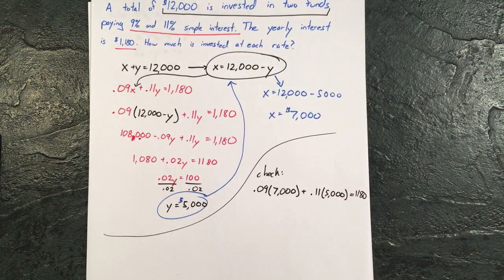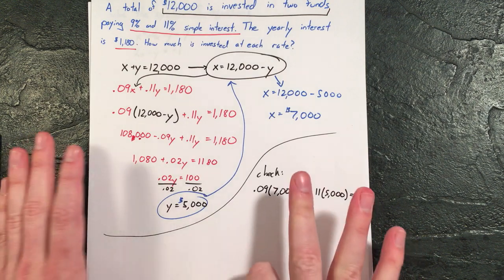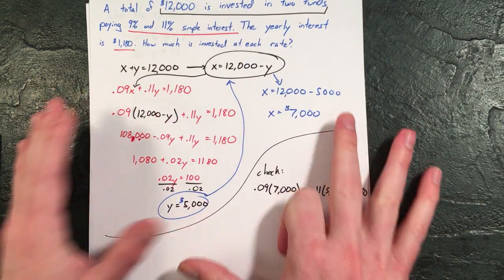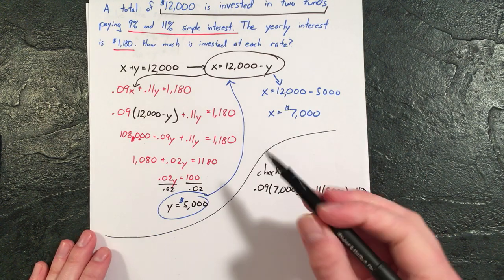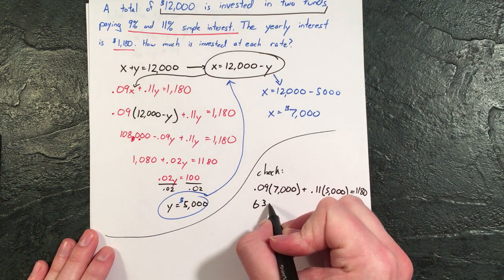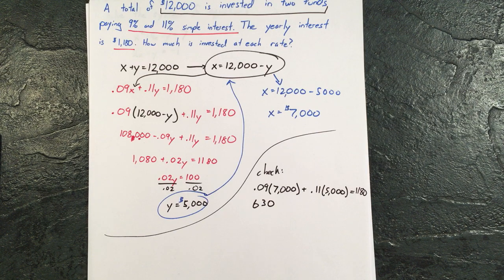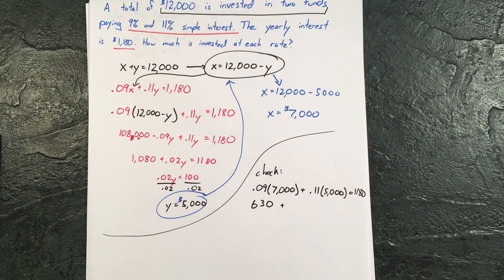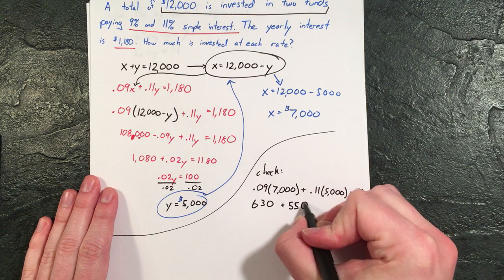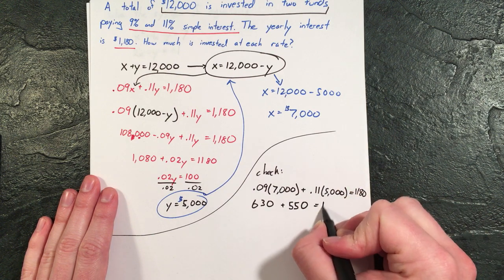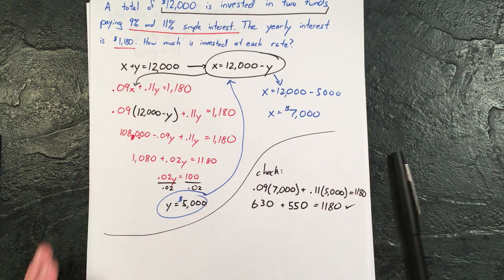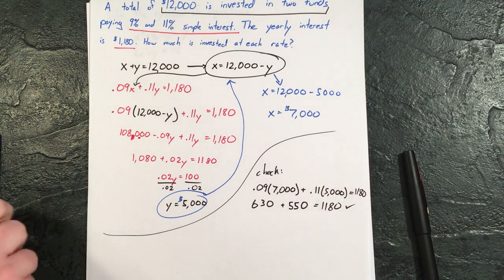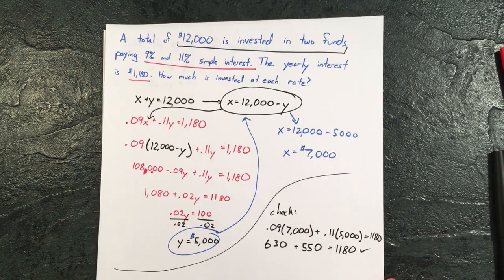Okay, 0.09 times 7. 7 times 9, that's going to be probably 63 here, with 2 decimal points moving over, so 630. 11 times 5 with 2 decimal points gone. And that does, in fact, check out for us. So not that bad.